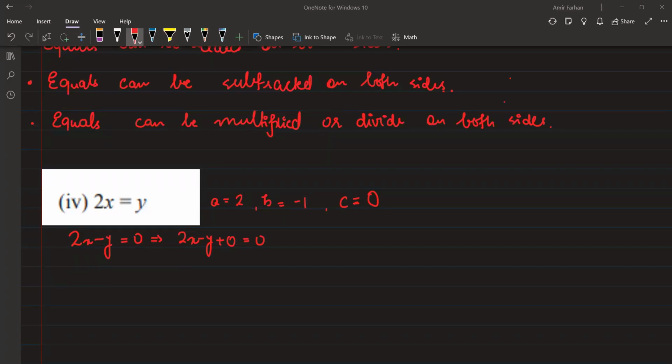In the exam, do we have to write the whole thing, or can we just write what A and B are equal to? You can write the direct thing, but it's my suggestion to write the whole thing so that you don't get confused. Take all the terms on one hand side and equate them, so that one side is equal to 0 and the other has all the terms.